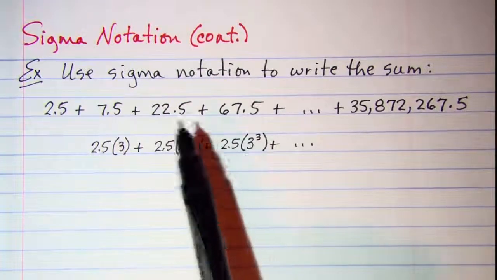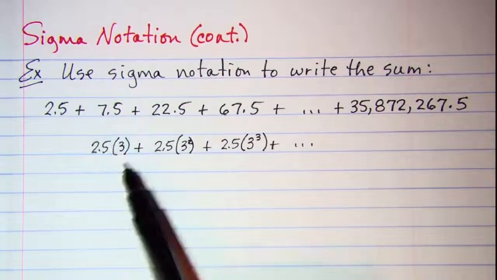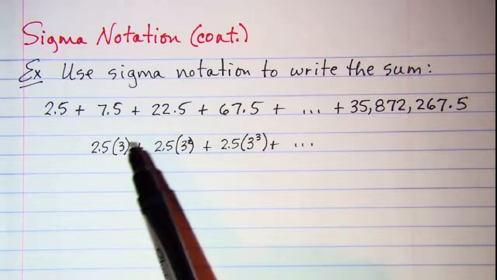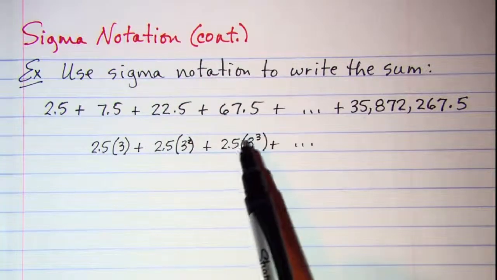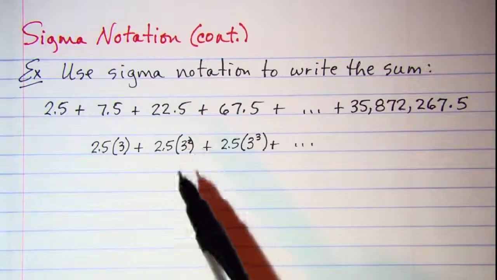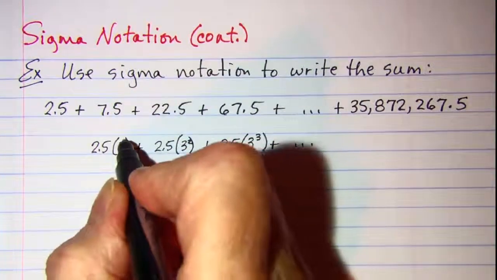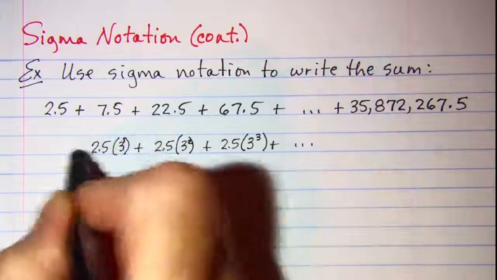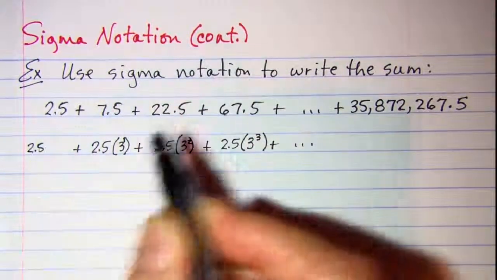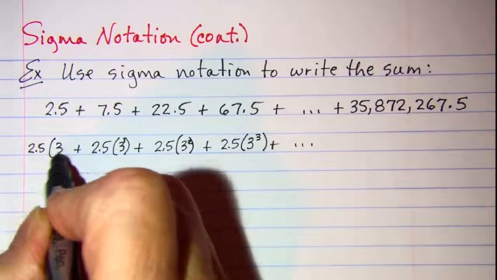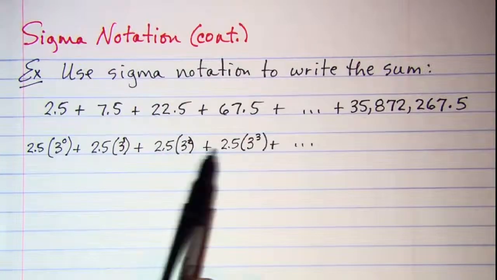So what we're doing then is we're keeping this first term the same on each, and we're keeping our base of 3, and we're changing our exponent. So this exponent could be 1, and then on our first term we have 2.5 times 3 to the 0 power, so that all of our terms look alike.